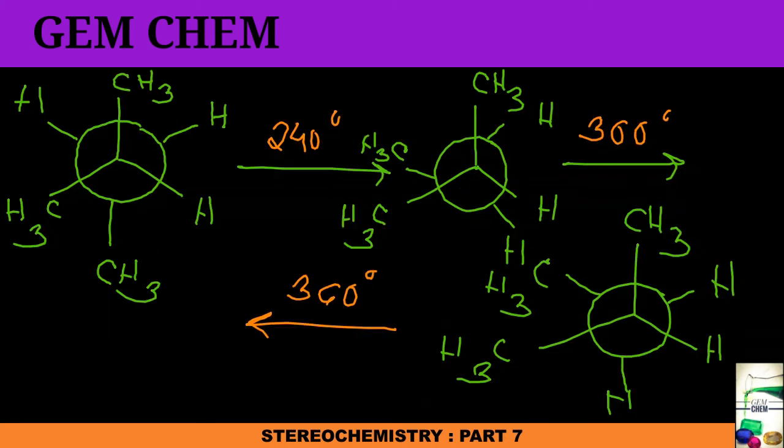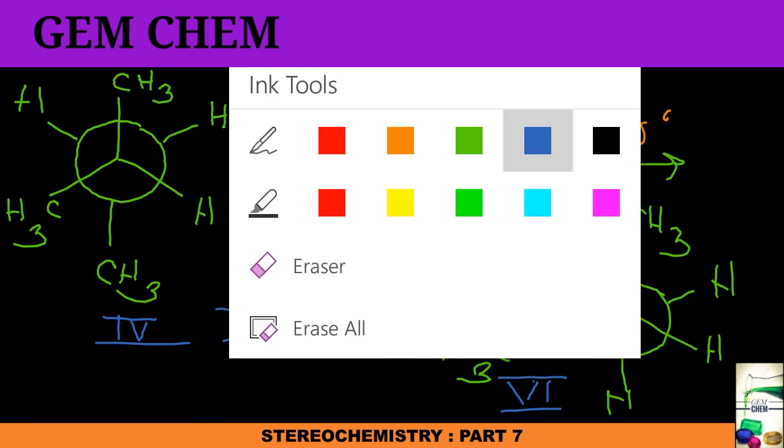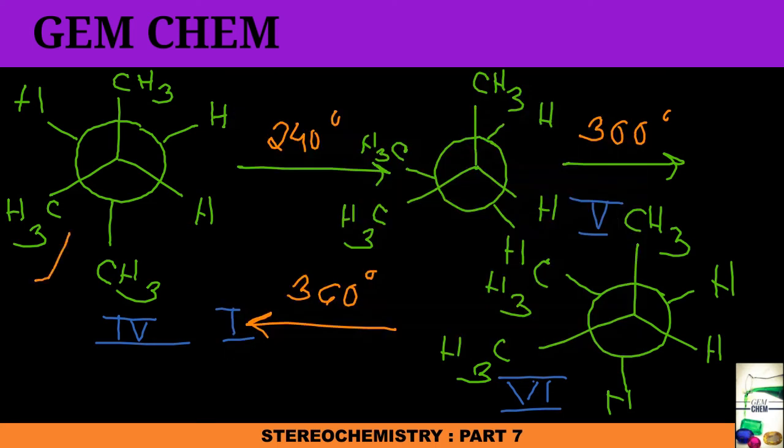Next, if we see for the fourth one, this will be our 4, 5, 6, and ultimately we will get back 1, right? And if you see this one, this has again van der Waals interaction, though it is anti to this one, this particular CH3, but it has van der Waals interaction.